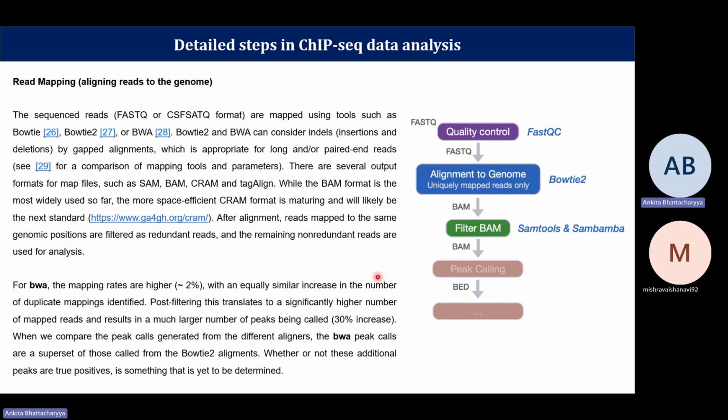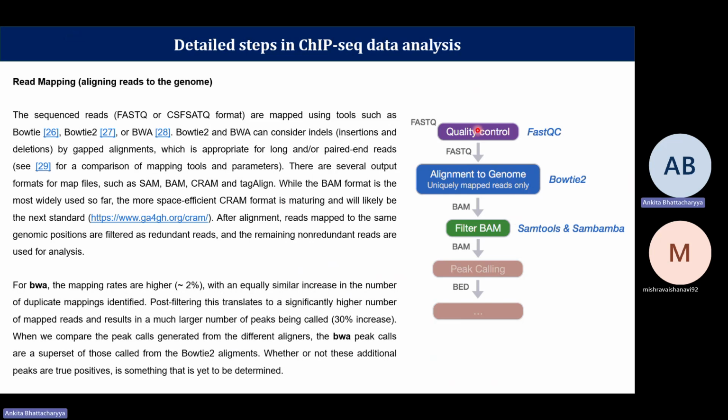So BAM format is most commonly used, but you also have a CRAM format, which is also under consideration. Then the reads which have mapped to the same genomic location or position get filtered as redundant reads, and the remaining non-redundant reads are utilized for the analysis part. For BWA, the mapping rates are much higher.